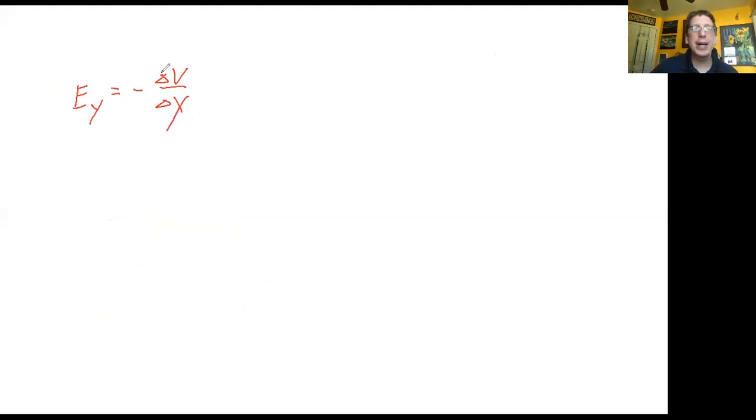So E_y is equal to negative delta V over delta y. We want to find what delta y is. So delta y is equal to the negative of delta V over the electric field. The negative sign doesn't really matter all that much here.